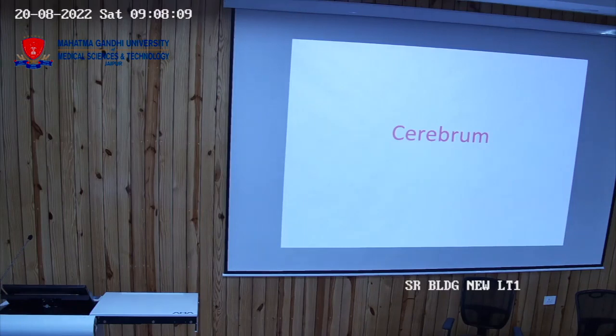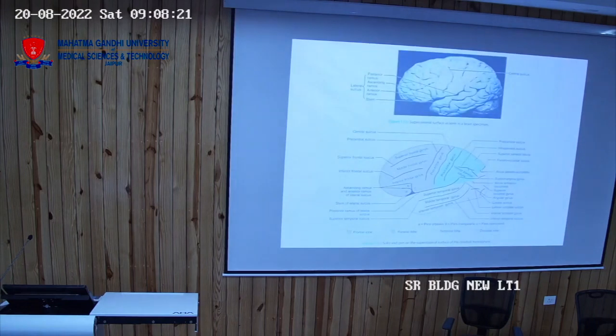Now to start the functional areas of the cerebrum, before that I will revise the different sulci and gyri. Look, this is the superolateral surface of the brain, showing the important sulci. This is the central sulcus.